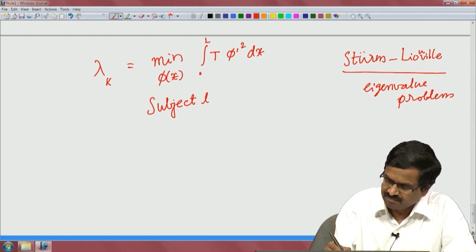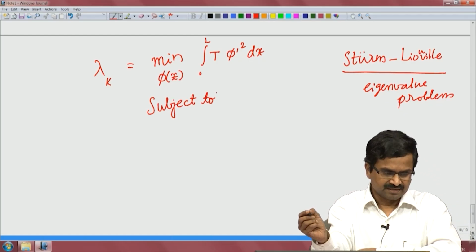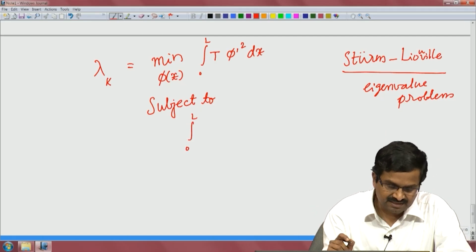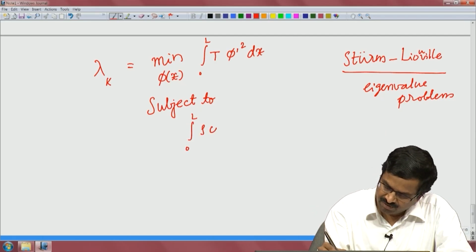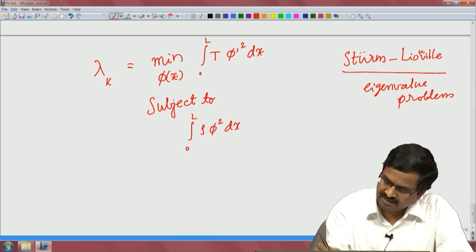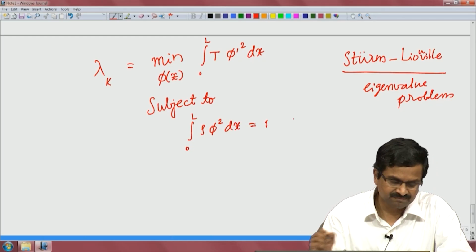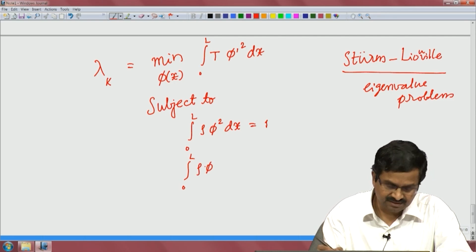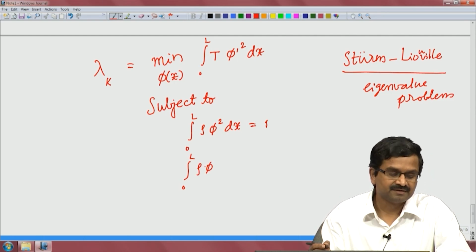First, the normalization condition, that is the integral of rho phi squared dx is equal to 1. Then we have orthogonality, as we consider several other eigenfunctions.